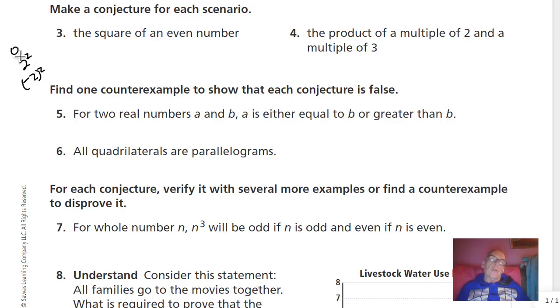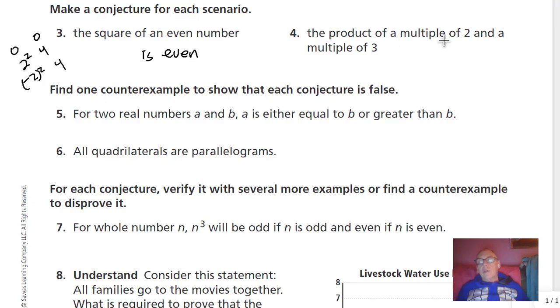So let's check this. 0 squared gives me 0, which is even. 2 squared gives me 4, which is even. -2 squared gives me 4, which is even. 6 times 6, 36. 8 times 8, 64. The square of an even number is even, would be my conjecture, and I can't think of a counterexample.